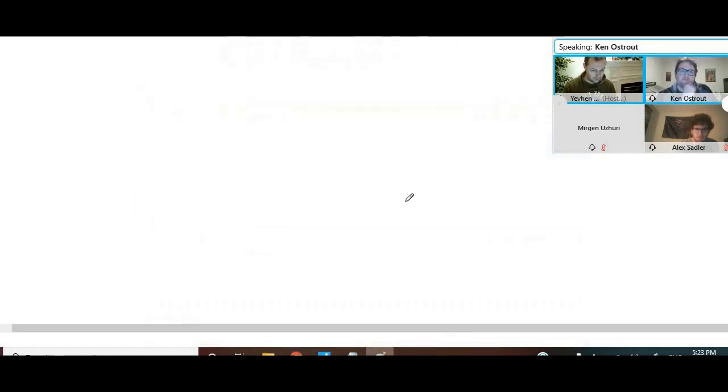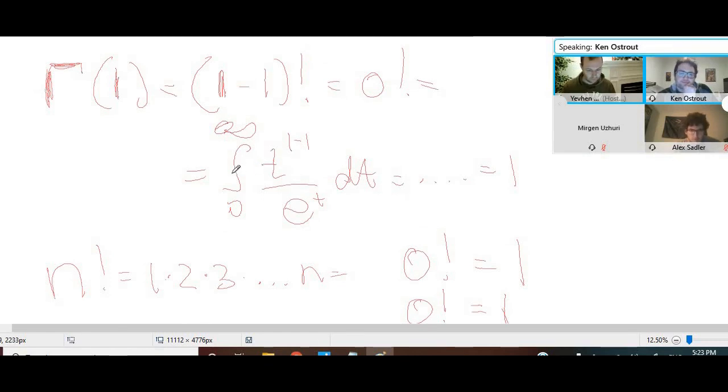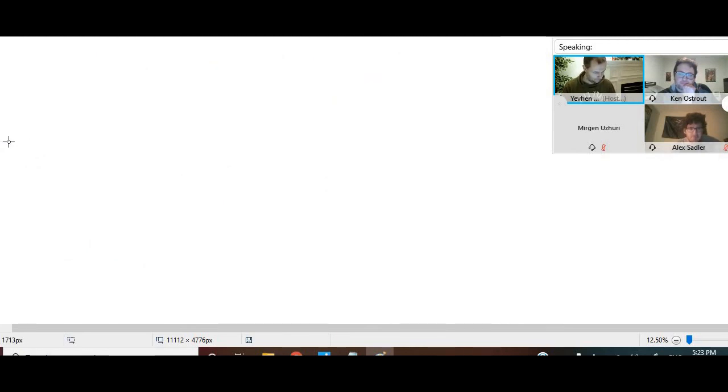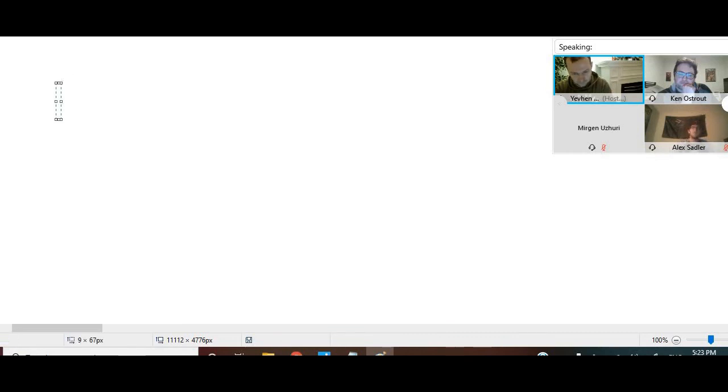Okay. I remember we were looking at that idea of gamma. Actually, let me do this slightly differently. One sec. So then, if we are on that same train, gamma of 2 is the same thing as this number.